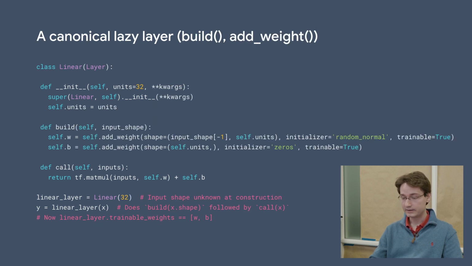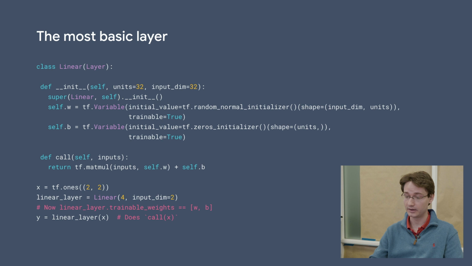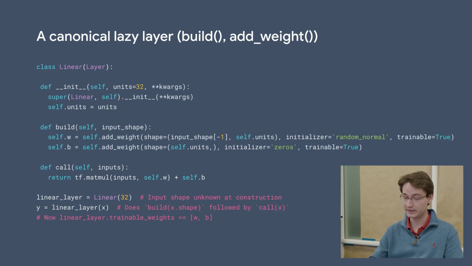So in practice, most layers you're going to write are going to be a little bit more refined. They're going to look like this. So this is a lazy layer. So in the constructor, you do not create weights. And the reason you do not create weights is because you want to be able to instantiate your layer without knowing what the input shape is going to be. Whereas in the previous case, on the previous slide, you had to pass the input dimension as a constructor argument. In this case, you don't have to do this because you're going to create the state in a build method, which takes an input shape argument.